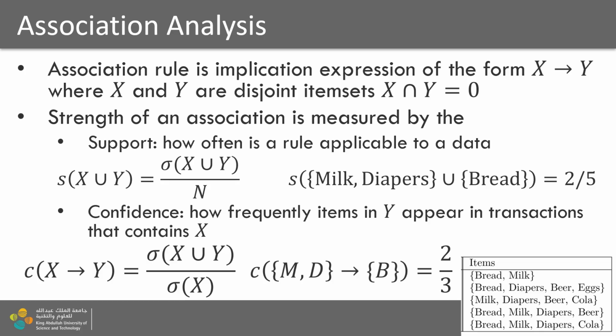An association rule is an implication expression of the form X implies Y, where X and Y are disjoint item sets, where X intersection with Y is an empty set. So this is an implication that if somebody is purchasing X, then it is very likely that they will also purchase Y.